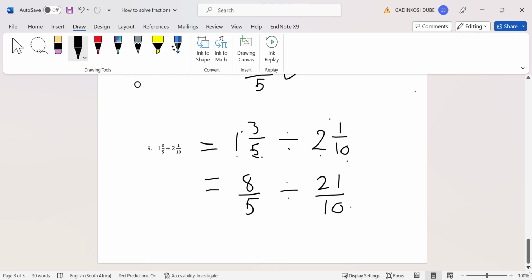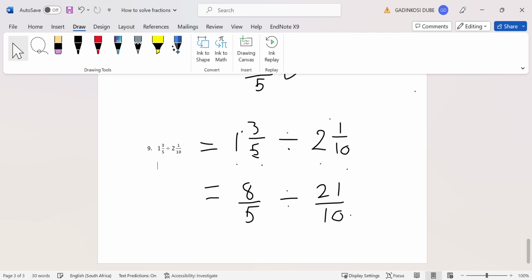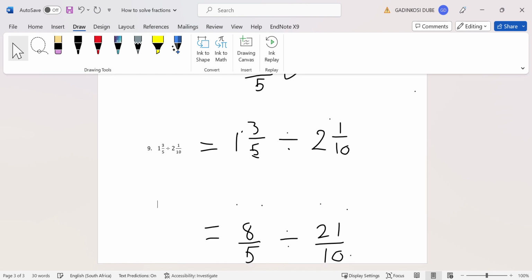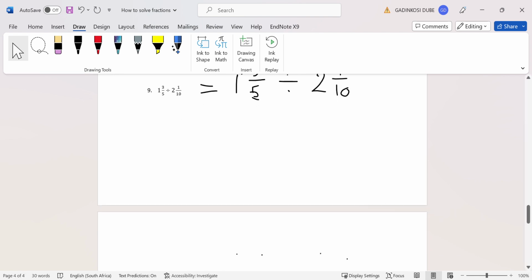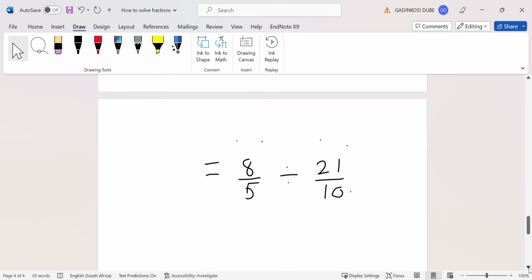Now you still apply the same rule. Dividing a number is the same as multiplying it by its reciprocal. Okay, so now let's move to the next page so that we're able to continue with this properly.